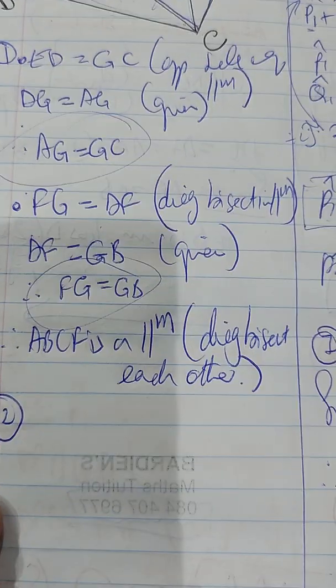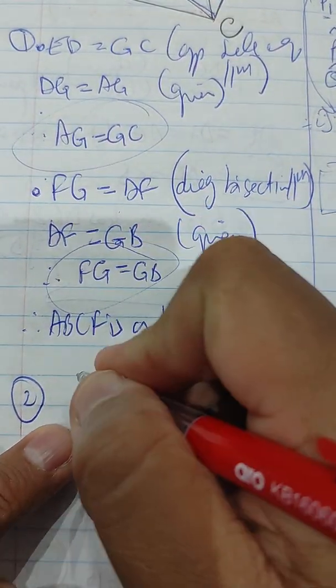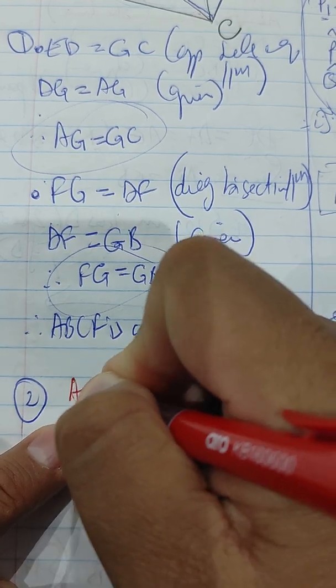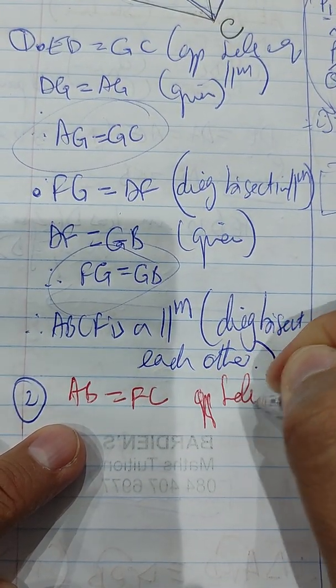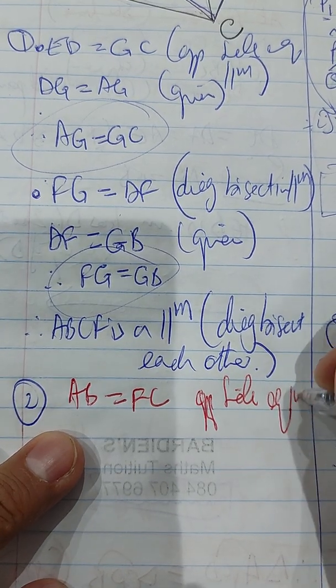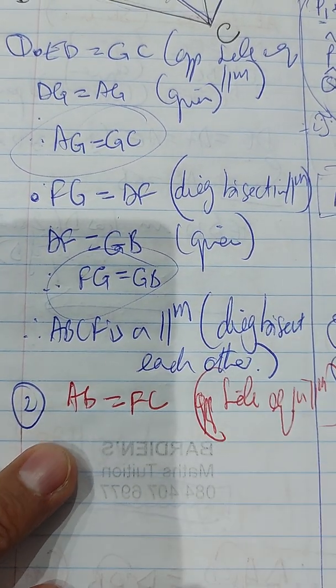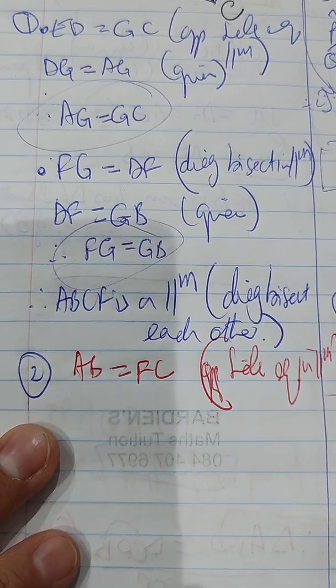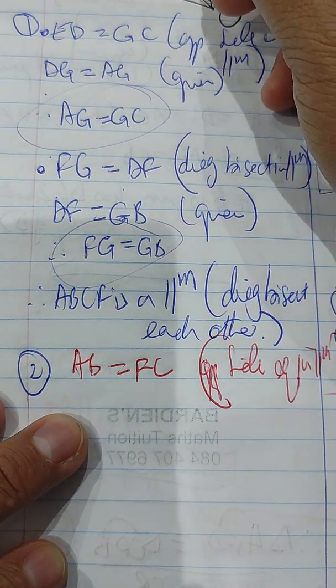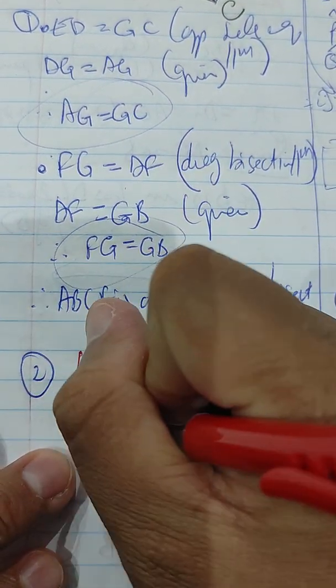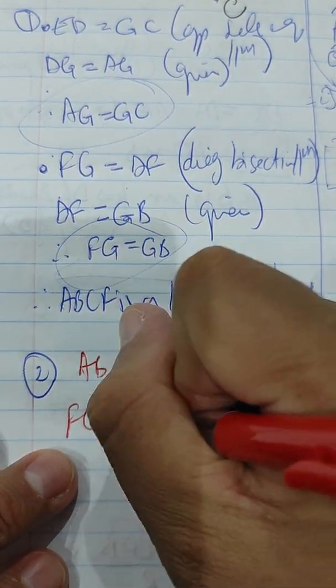So let's write that down. So you're saying that AB is equal to FC. Why? Opposite sides equal in parallelogram. Then we're saying that FC is equal to FE.